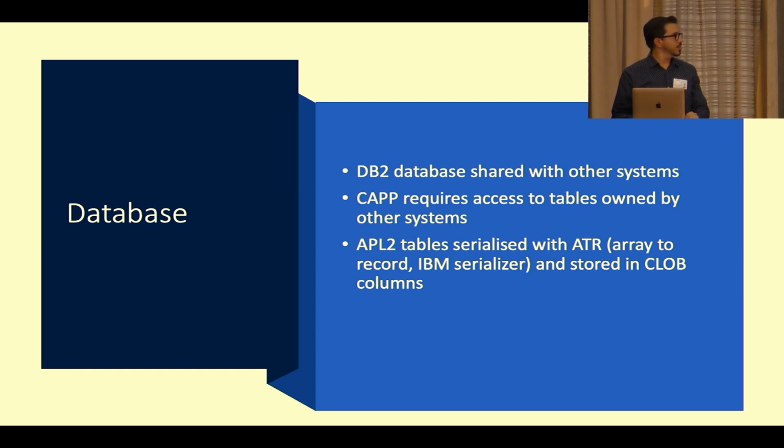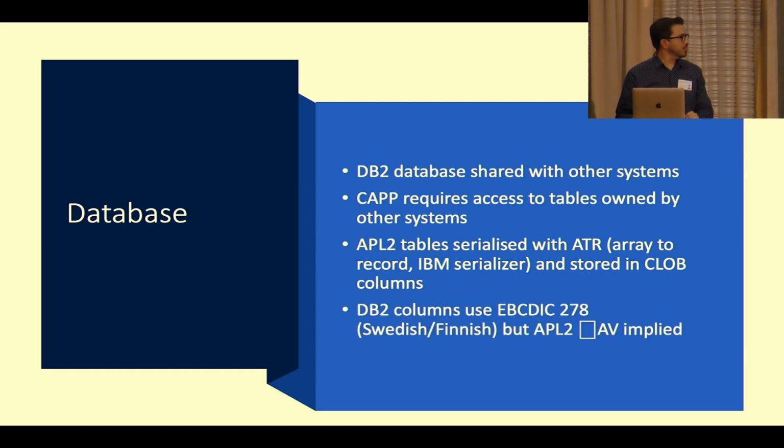The mainframe side also has support for this, so we're switching the format of the serialization. The database is also using the EBCDIC 278 code page, but what's implied is the APL2 quad AV characters, which means that we need to translate from that to Unicode when we read it in on the Dyalog side, and vice versa.